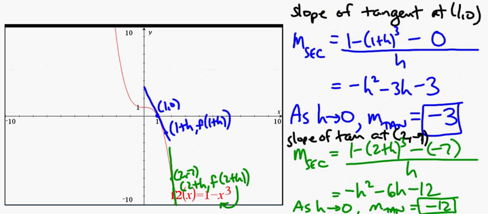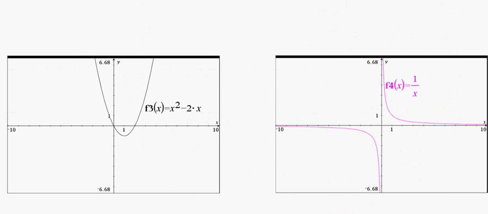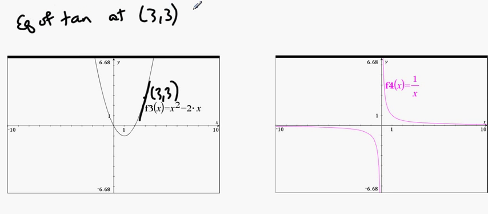So if you want a little extra practice before you do the stuff from the textbook, you can take a look at these two curves right here, and you can find the slope of the tangent line to y equals x squared minus 2x at the point 3, 3. You could find the equation of the tangent at 3, 3.